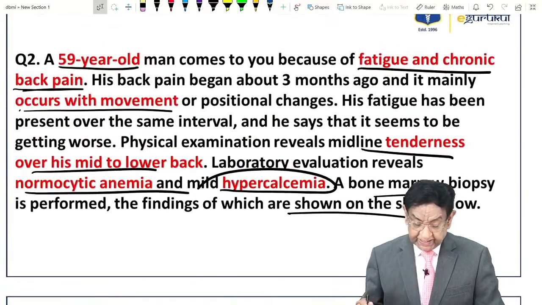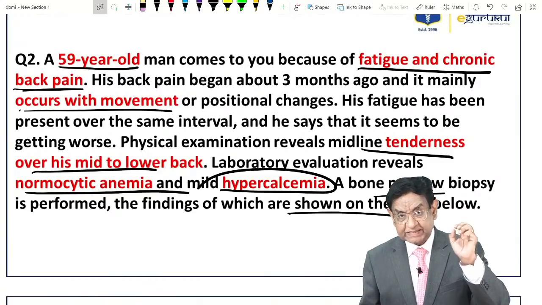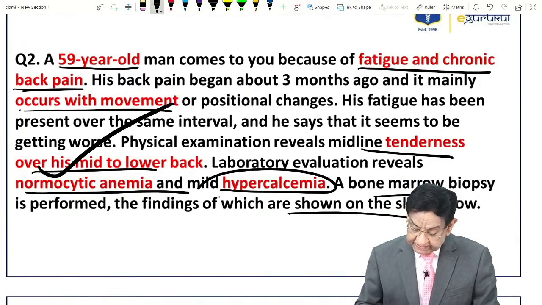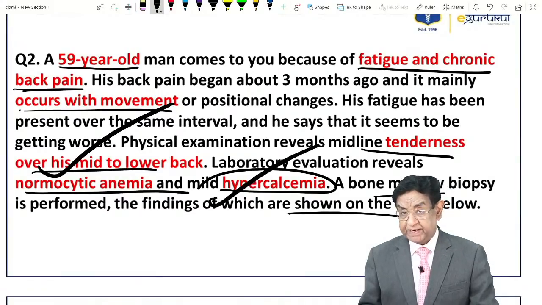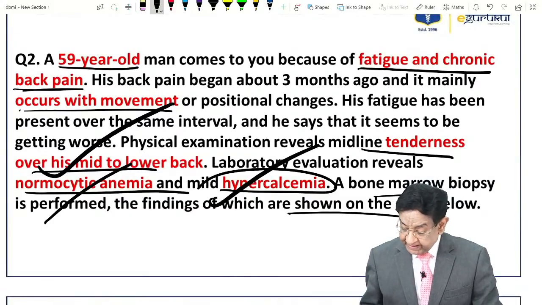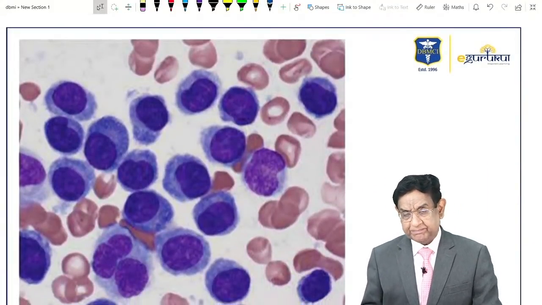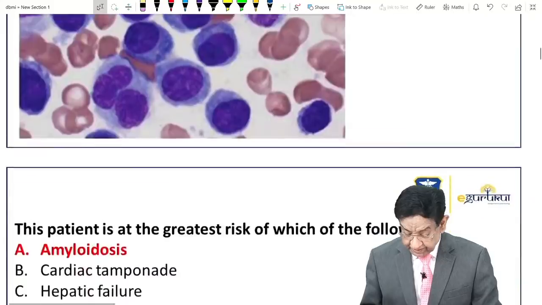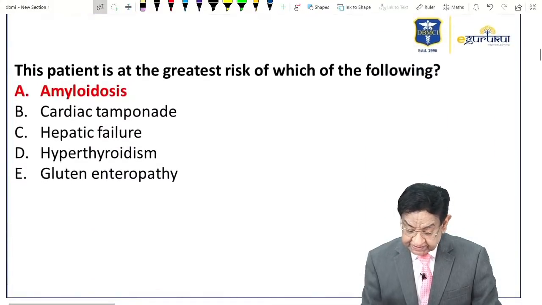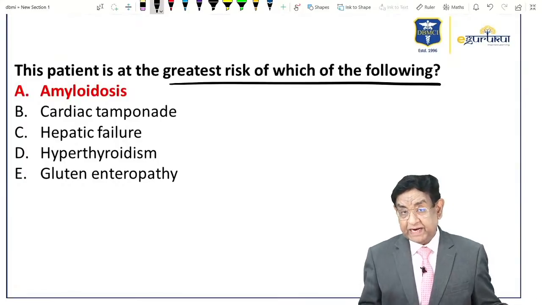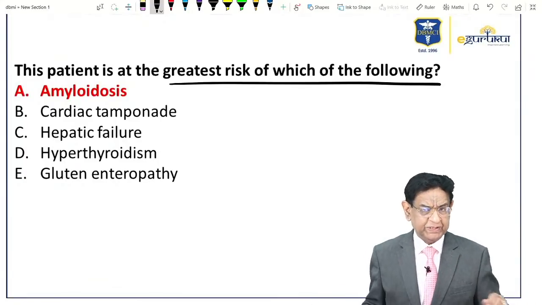Clinically, the finding is low backache. He has hypercalcemia on biochemistry, and anemia is there. And some cells are shown in the bone marrow. This patient is at greatest risk of which of the following? Beautifully framed question.